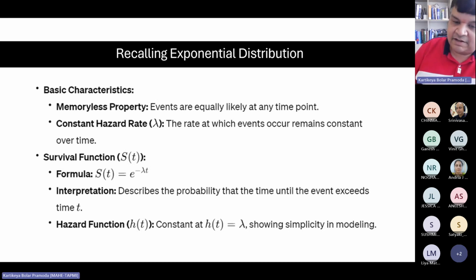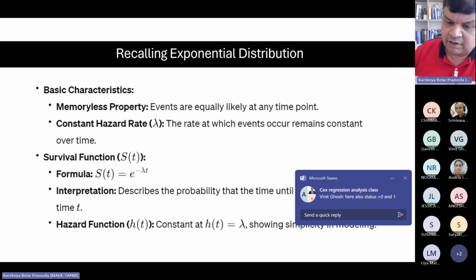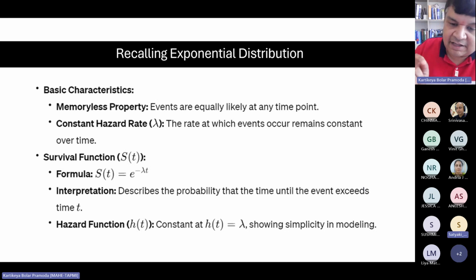This has a different place where we have actually two dependent variables, unlike any other regression equation. There are two different variables: one is time, and another is what we call the status. Status is 0 and 1.